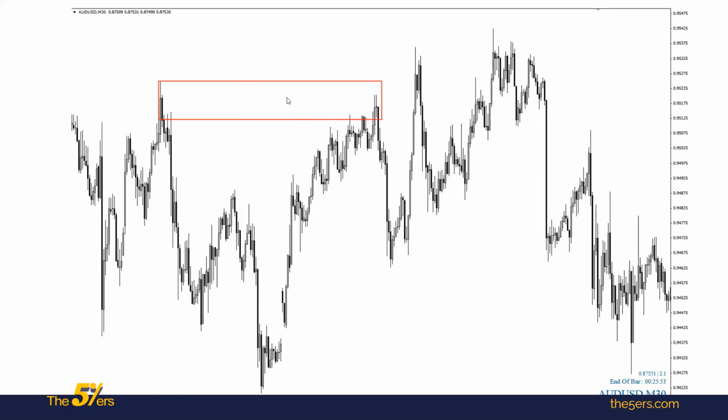So this area is busted. It doesn't work anymore. And then when price is coming back to this zone, it just penetrates very easily through. Okay, so no longer is this zone valid for anything.